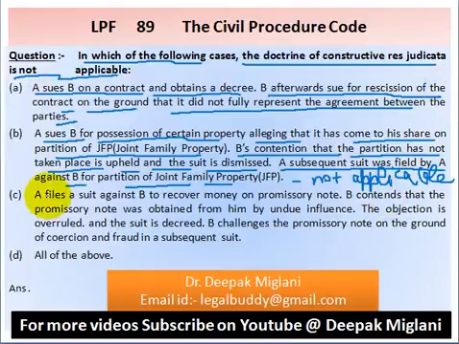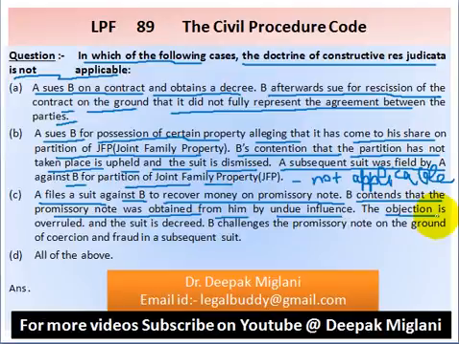Option C, A files a suit against B to recover money on a promissory note. B contends that the promissory note was obtained from him by undue influence. The objection is overruled. The suit is decreed.